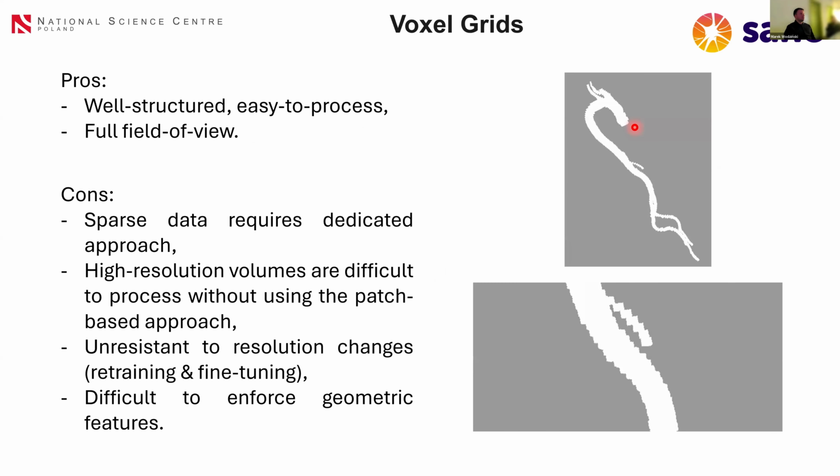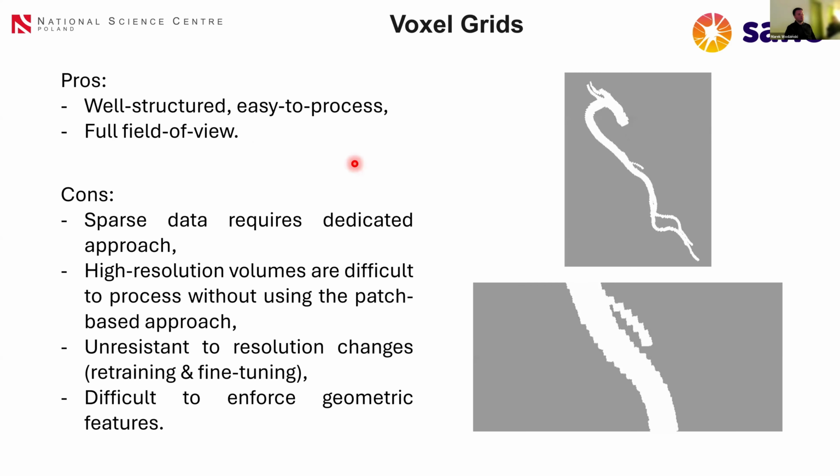Before I start the description of our plans for the project, I would like to just quickly remind you what kind of representations we have, what are their strong sides, and also what are the limitations. I'm pretty sure that the majority of you are familiar mostly with voxel grids. Voxel grids are very commonly used in medical imaging.